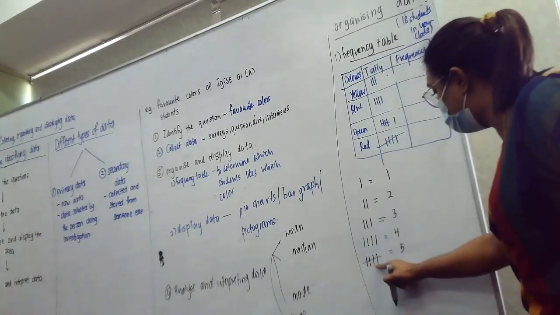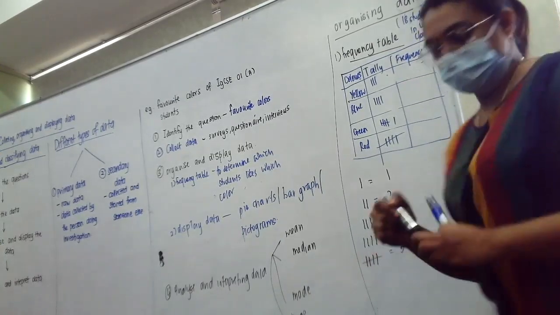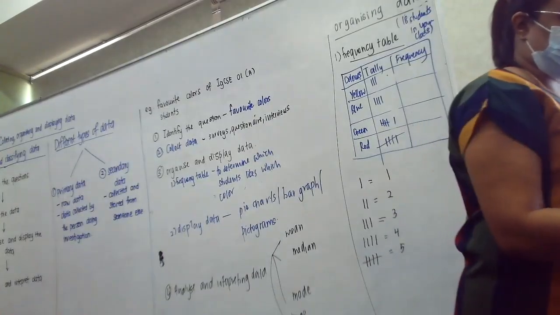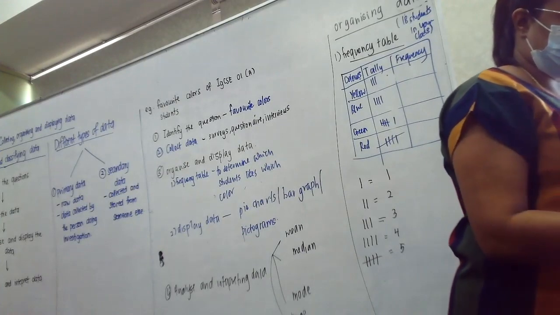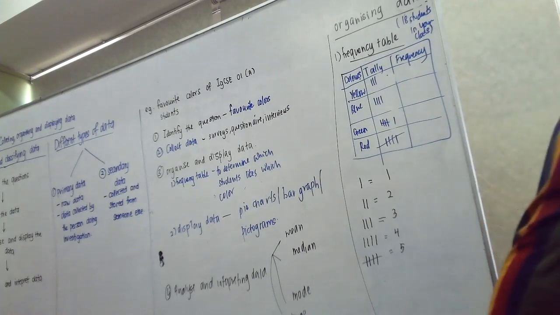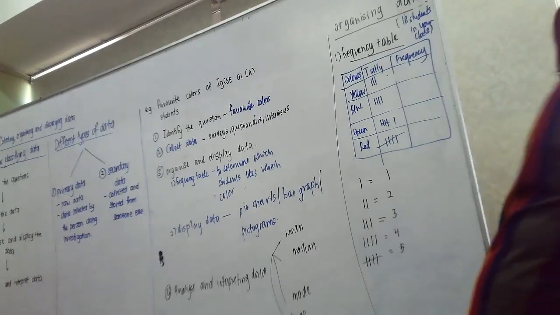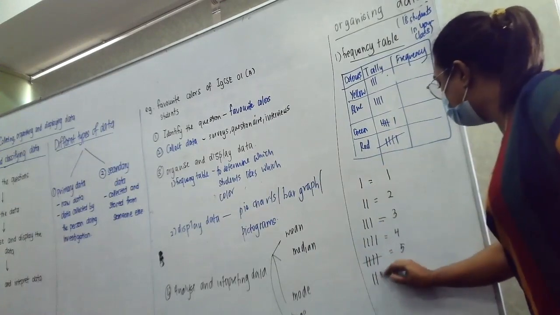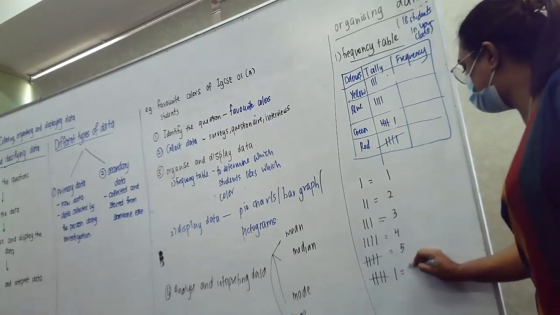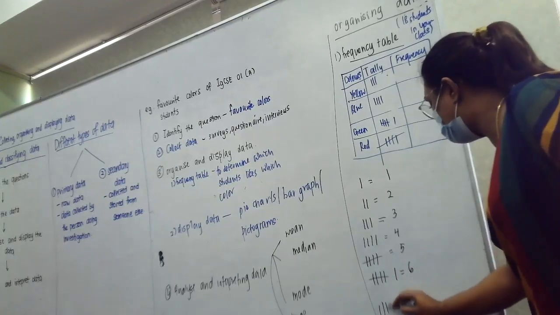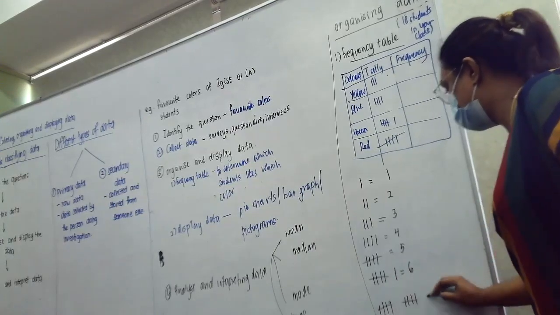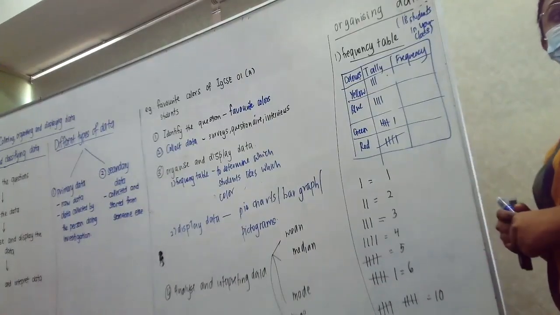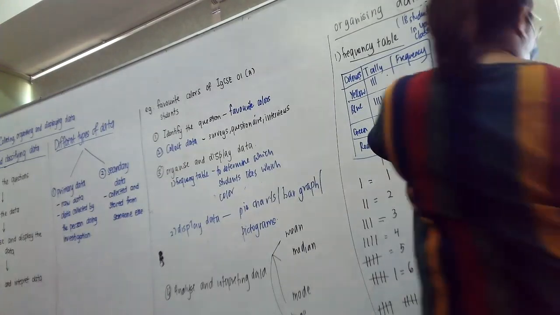So this is 5, this is 6. It continues, and if it's 10, it's like this. You know this? Clear? So far clear?